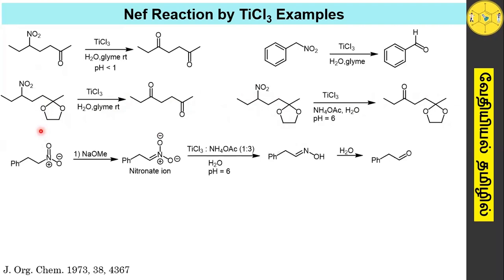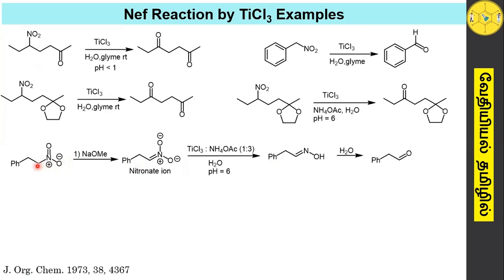Not only the nitro compound, even the nitronate ion can easily be converted into the corresponding carbonyl compound by treatment with titanium trichloride under buffered reaction condition. For example, when you take this nitro compound and treat it with sodium methoxide, it readily produces the corresponding nitronate ion.